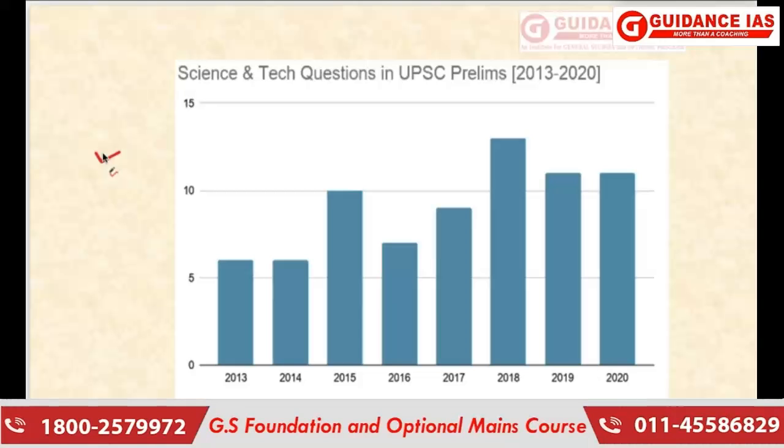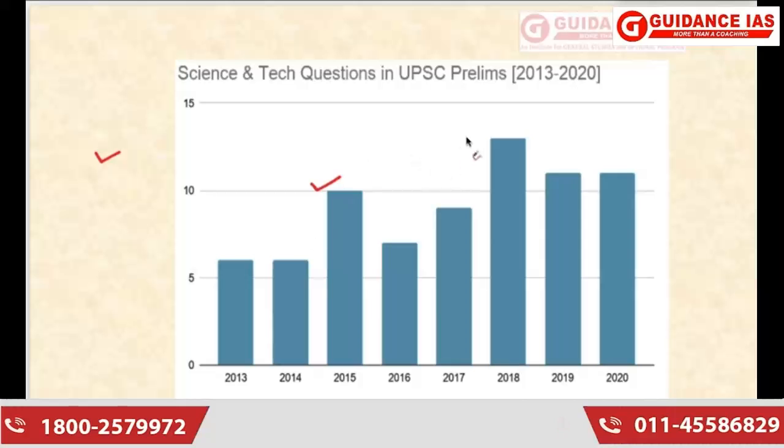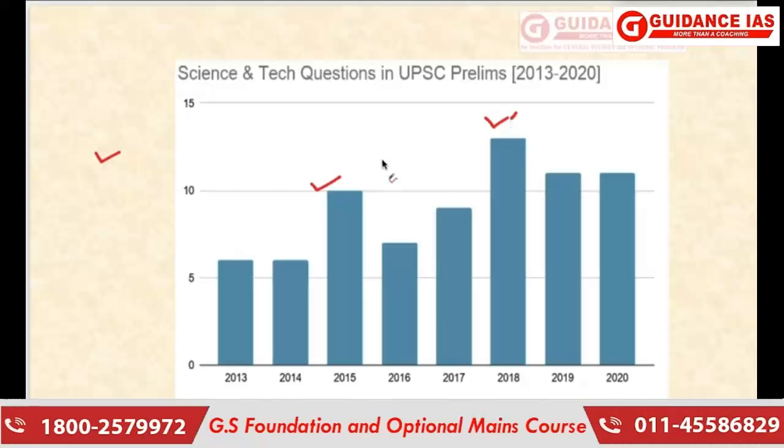In 2013-14, you can see a similar number of questions were asked, and then in 2015 it increased. Yes, it decreased in 2016-17, but again in 2018 quite a lot of questions were asked. So you can predict that there is this uncertain trend which we can analyze, right? So we must prepare ourselves for any kind of uncertainty UPSC throws at us, right?